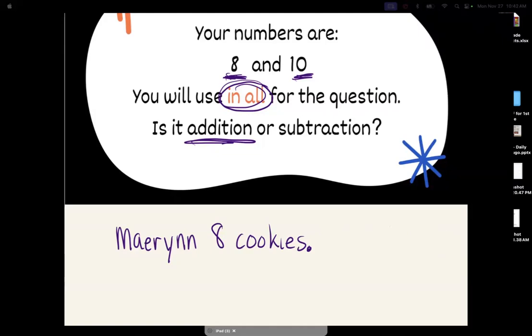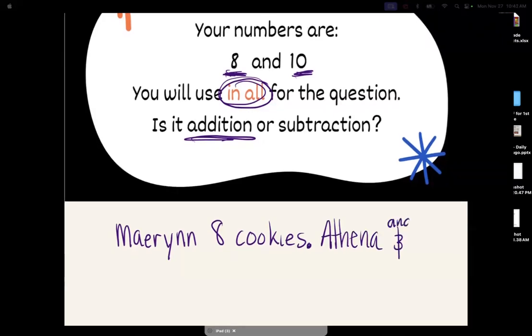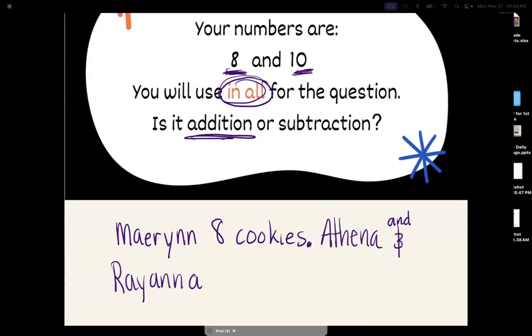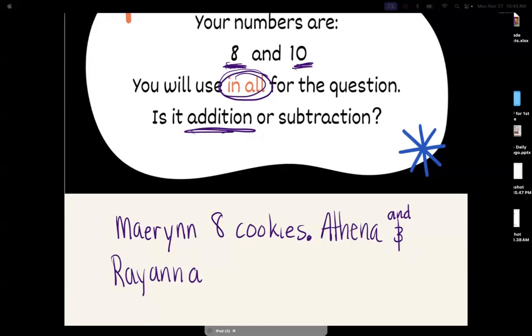Let's say Athena and Rayanna. I tried to use the abbreviation for "and," and Mom's like, no, write the real "and." Gave her 10 cookies.